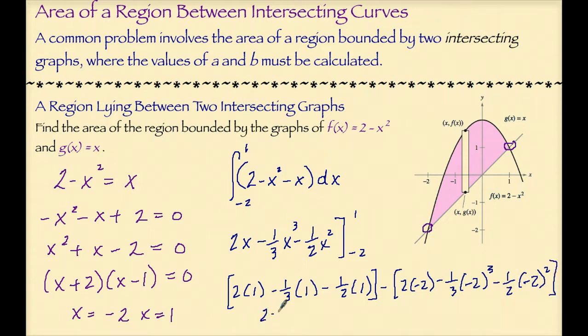This is 2 minus 1/3 minus 1/2 minus, here we'll have -4, and then a positive 8/3, and then a -2, which results in an area of 9/2.